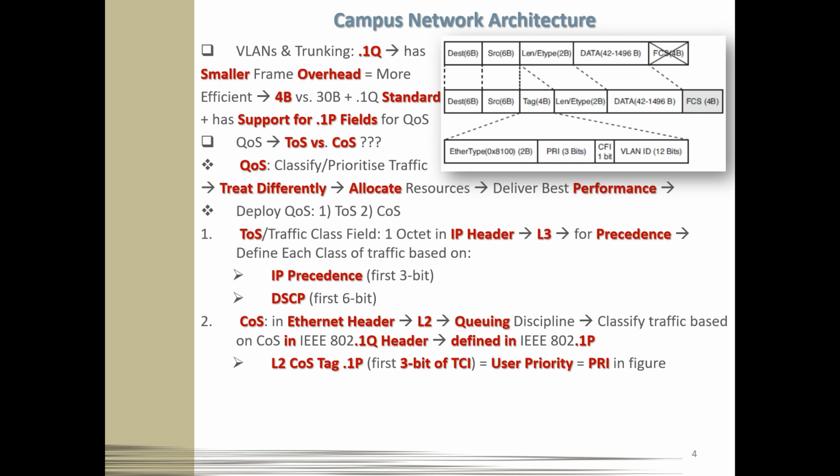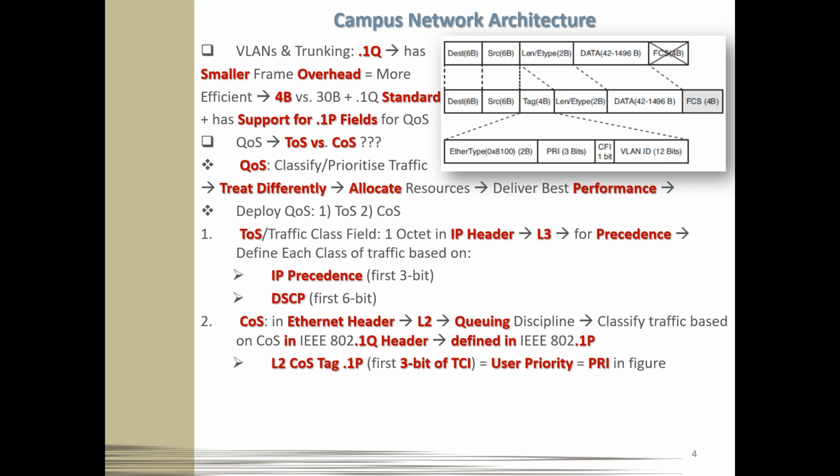So you're going to have CoS, class of service tags, on 802.1p links as an extension of IEEE 802.1Q VLAN tagging on trunks. You can classify traffic based on this 3-bit field as defined by IEEE 802.1p, and you do that in order to support quality of service.